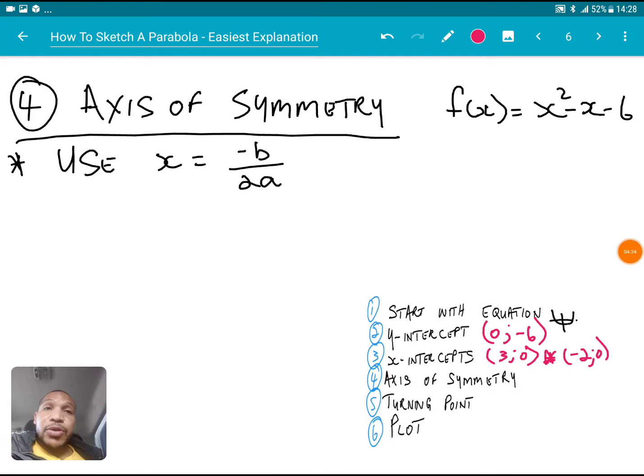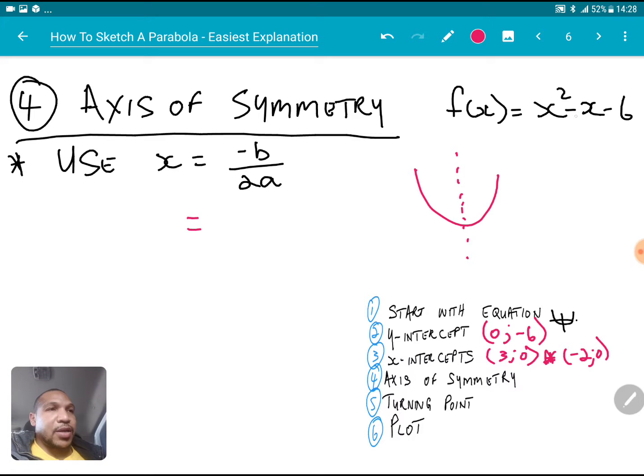The next step is to get the axis of symmetry, and this is where the parabola is split in half. The axis of symmetry will be an x value. We have a formula for that: x equals -b over 2a. Then we simply substitute.